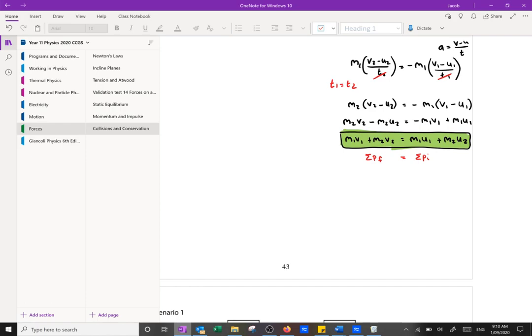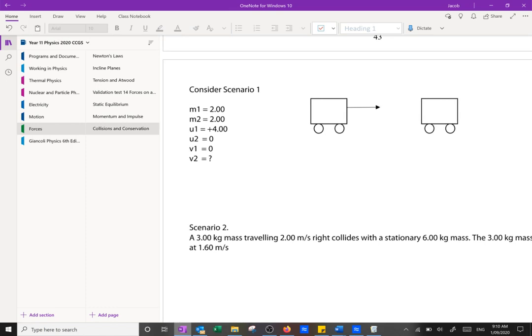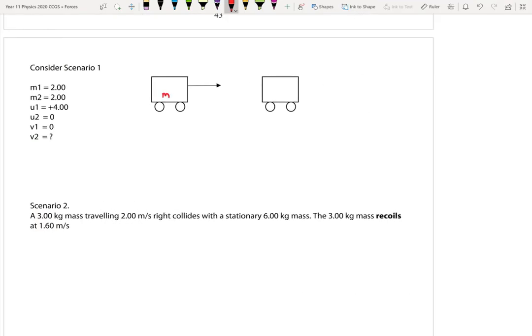Problem 3. So let's just do a very simple example. All right? Over the page, we have pretty much a similar scenario. We have mass number 1 traveling with a speed of 4 colliding with mass number 2. All right, so all the information is provided on the left-hand side.